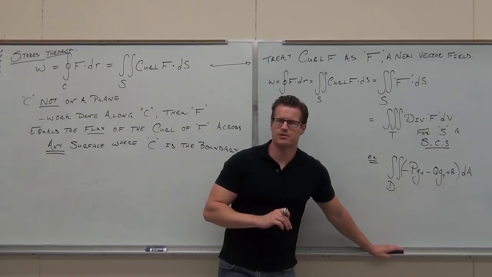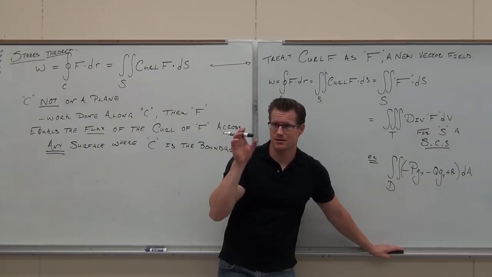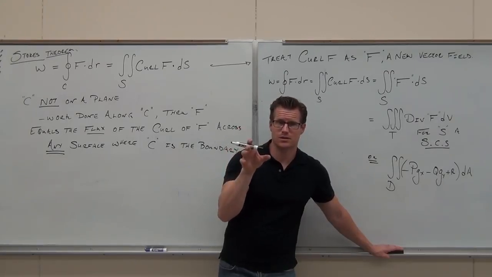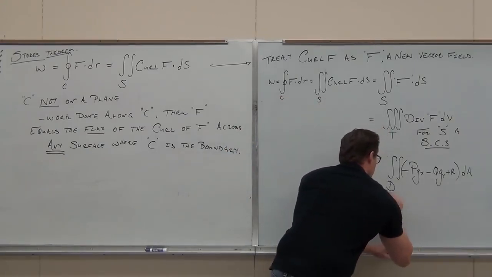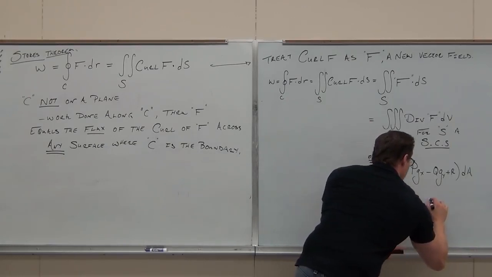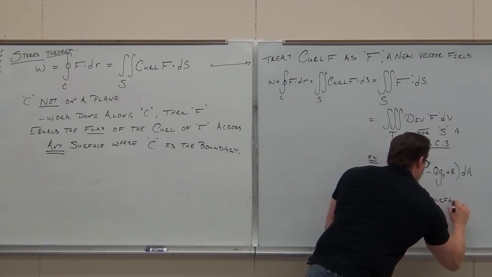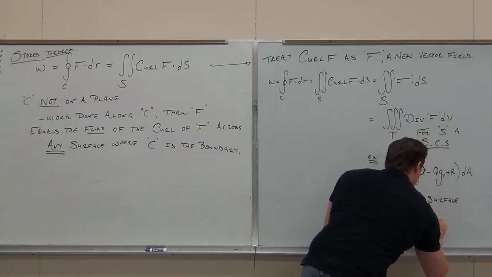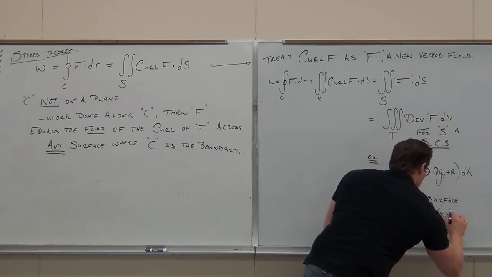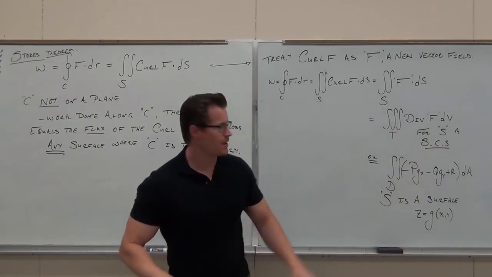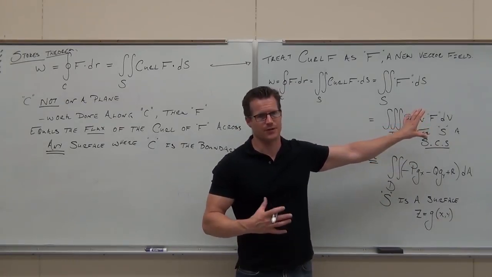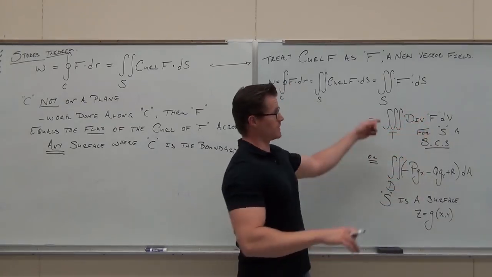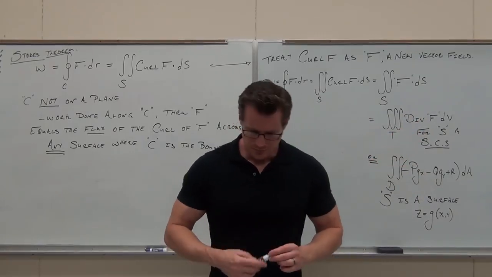What are the partial derivatives with respect to? So this would be a surface defined as z equals... Perfect. Yeah, that's exactly right. Just like it was before. This is what happens every time. This doesn't really happen with Stokes' theorem, at least not very often. This happens every time.